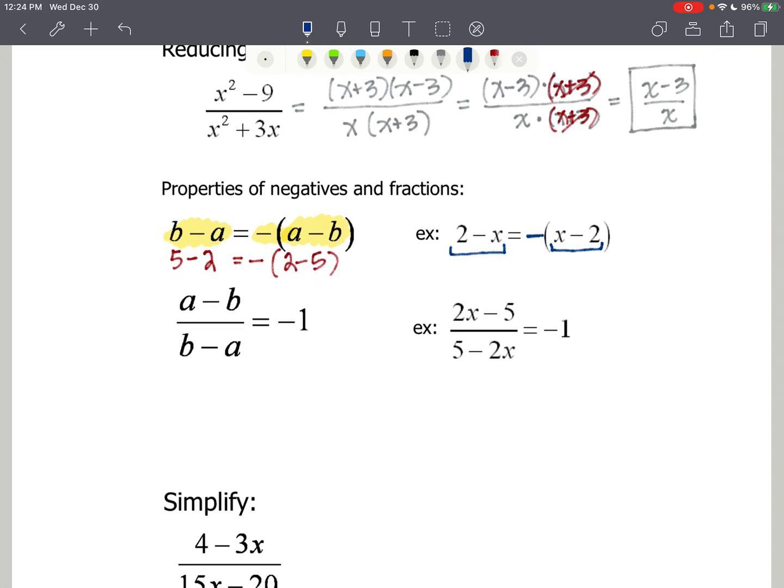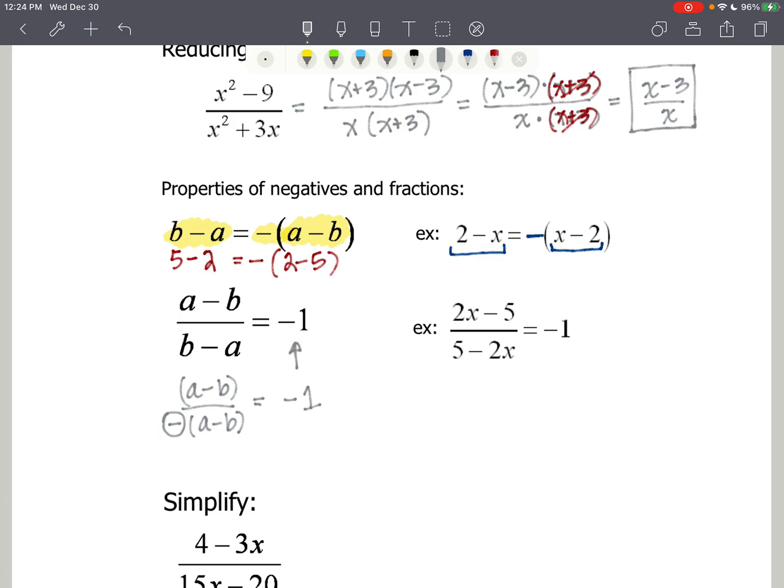Okay, a minus b over b minus a, well, that's the same thing as a minus b over, if I need b minus a to be a minus b, I can reverse the b and the a, but I have to put a negative out front. Now I have a minus b over itself, which is 1, and then I have this opposite, so I have the opposite of 1, which is negative 1.